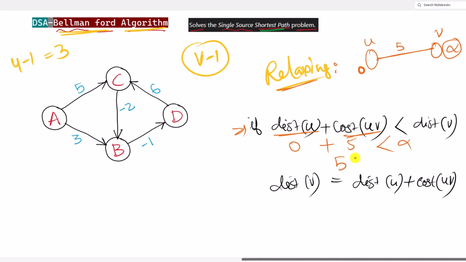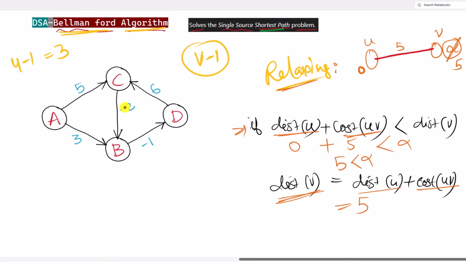Because 5 is less than infinite, we have to update the distance of V to 5. And this is called relaxing this particular edge.